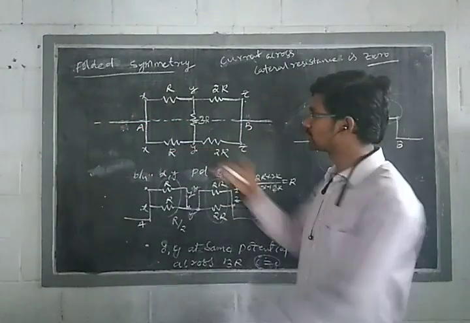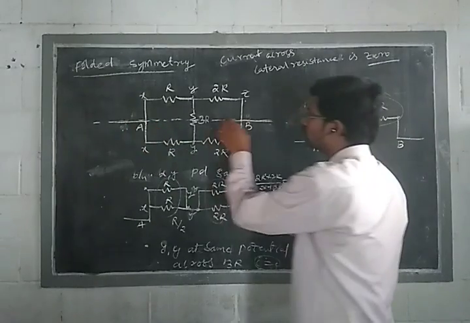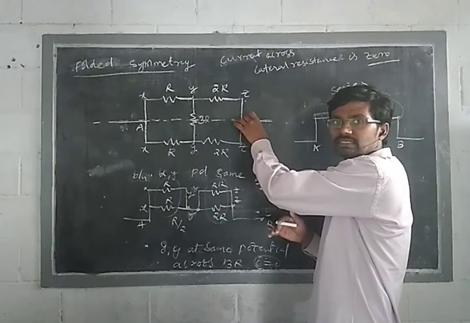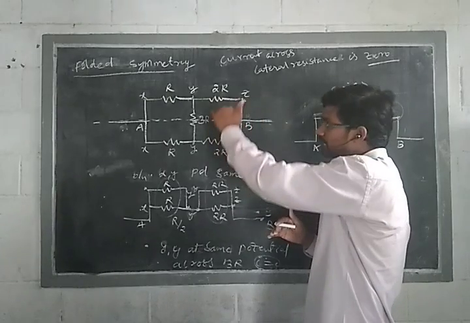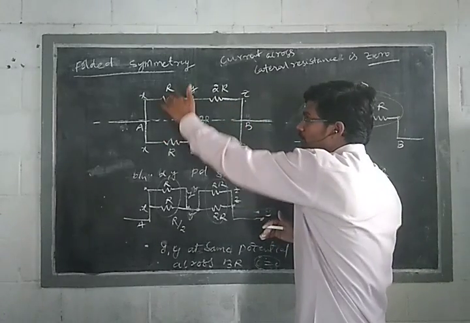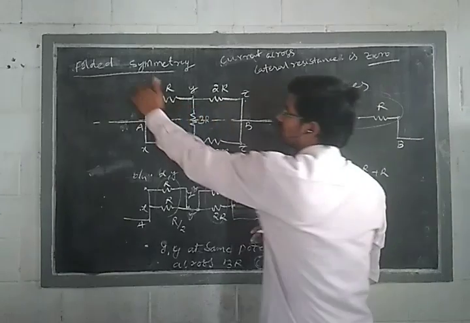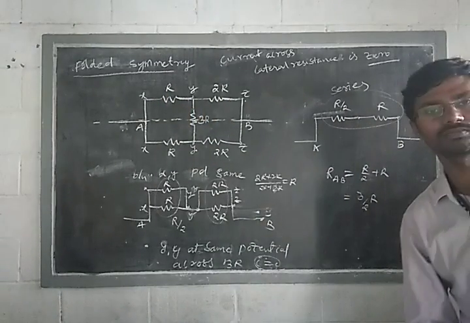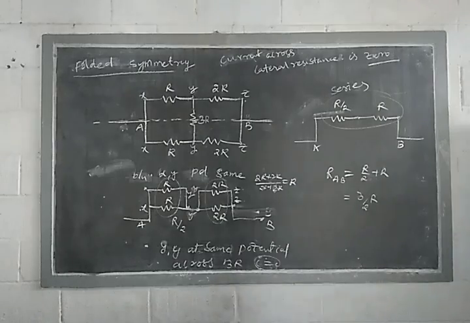Folded symmetry means you draw a line along the points between which you need to find the equivalent resistance. You draw an axis, and for that axis, the upper part and bottom part are symmetric. Then you can go for folded symmetry. Please note this down quickly.